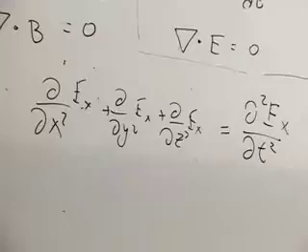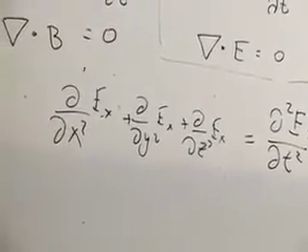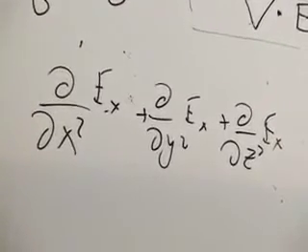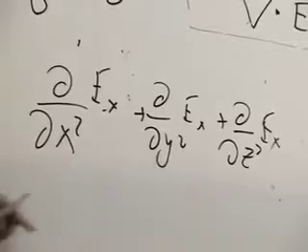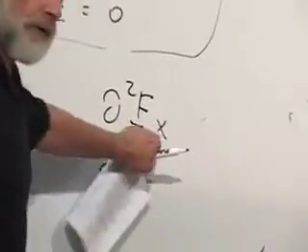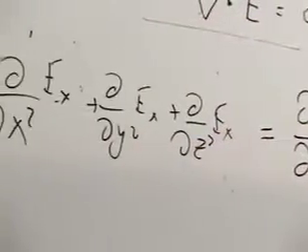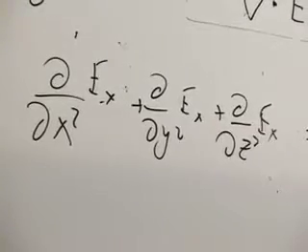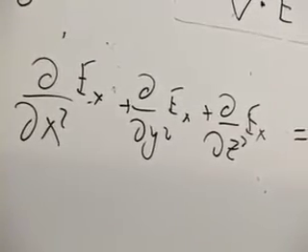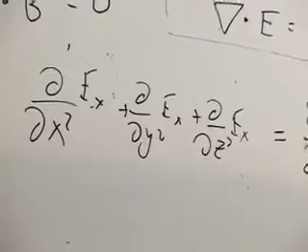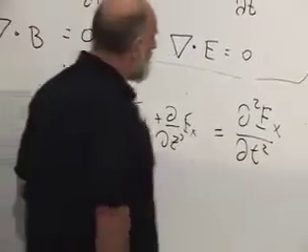If you've kept track, which you probably have not, of the original wave equation, you'll see that this is just a wave equation for the component Ex. Ex is a field which satisfies just the same old wave equation that we wrote down for phi.